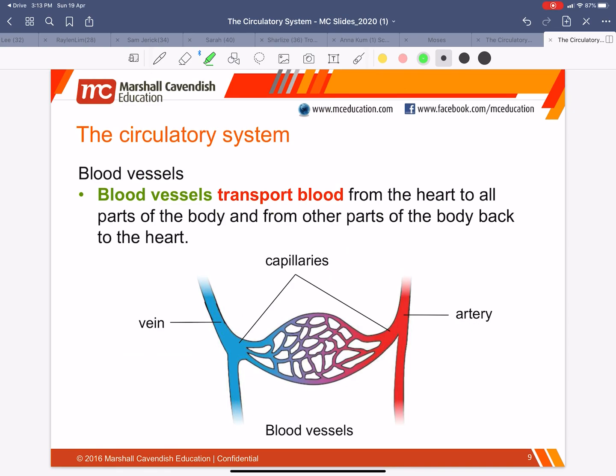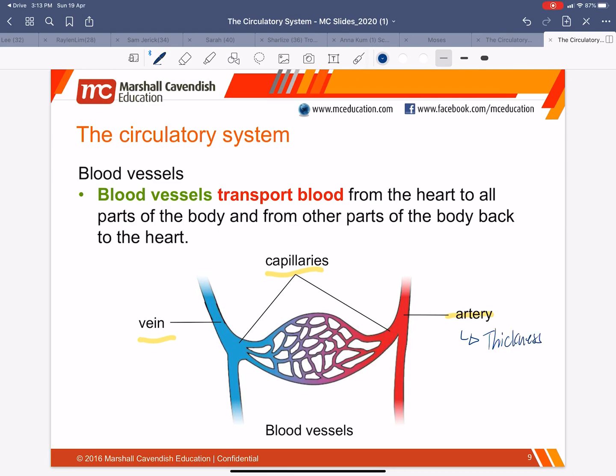Okay, let's talk about blood vessels. Blood vessels are really important. There are basically three types of blood vessels. You have your arteries, capillaries, and your veins. General information would be that your artery is the thickest.